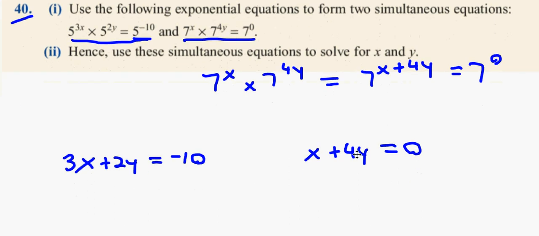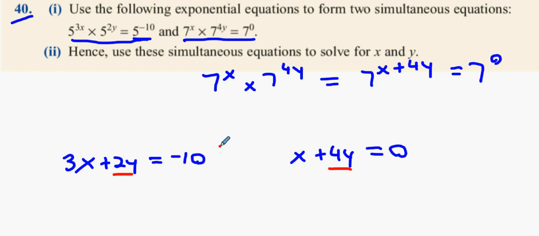Do you want to get rid of the x or get rid of the y? The y. 2y and 4y. What gets rid of a 4y? A minus 4y. Any way of changing that to a minus 4y? Yeah. Minus 2.